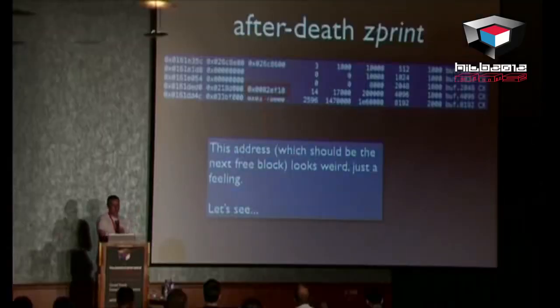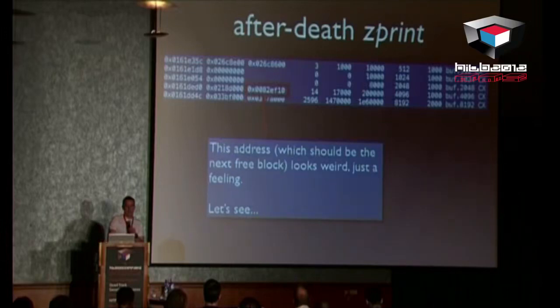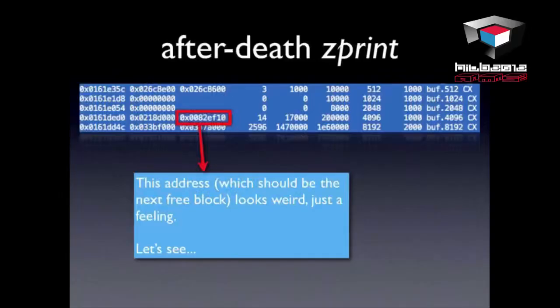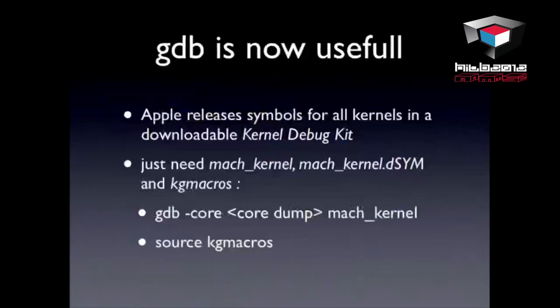And one special cool feature of those kgmacros is that you can do an after-death zprint that will show you the different heap zones and the address. The address in red is the next free element of the zone that overflowed.